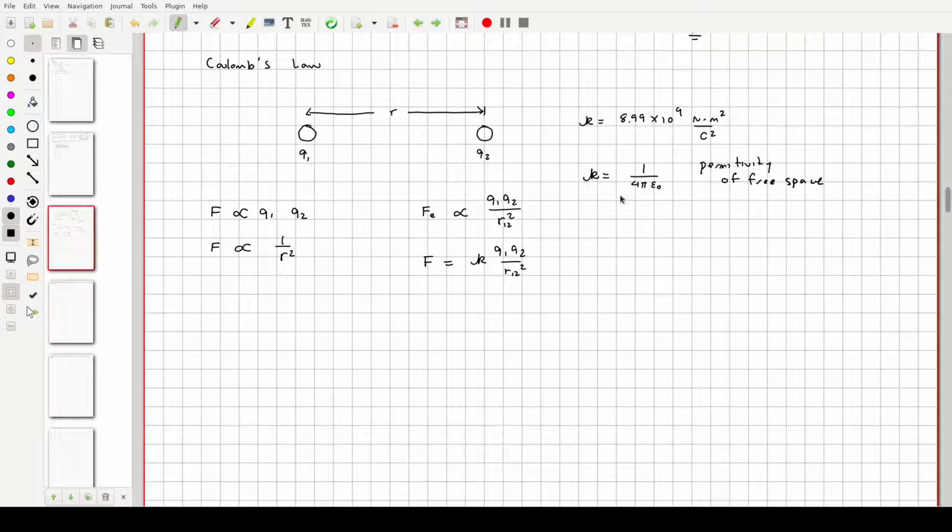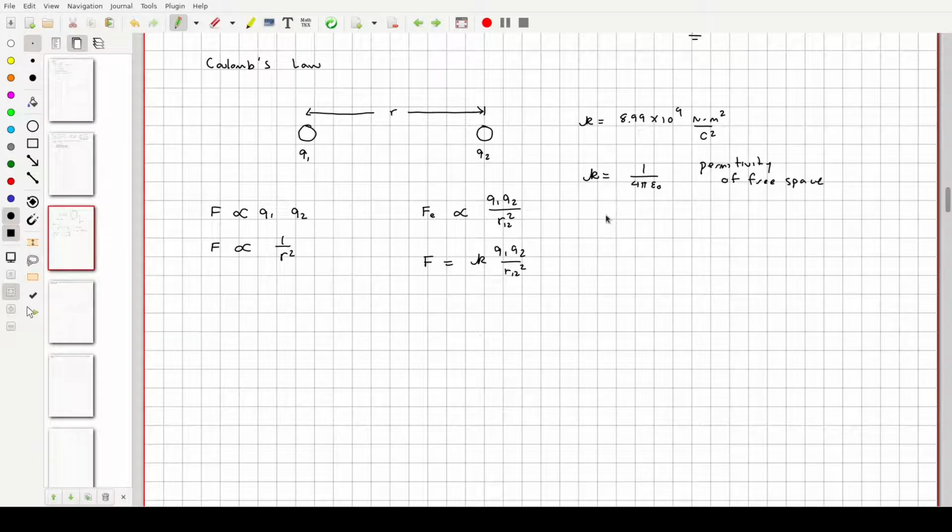The 4 pi is there because many times we do geometry with it, calculus, and because of the geometry that's involved, there end up being factors of pi. Many times it's a spherical geometry, and there's a factor of 4 pi, and that just allows for easy cancellation, so you won't have to constantly carry around 4 and pi.